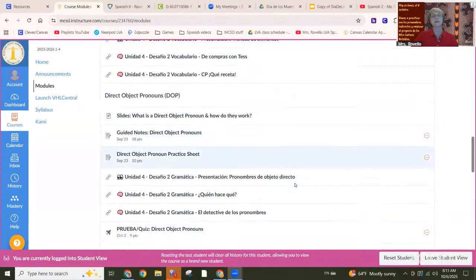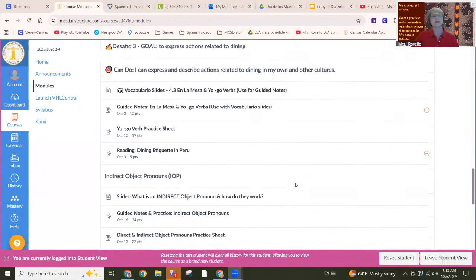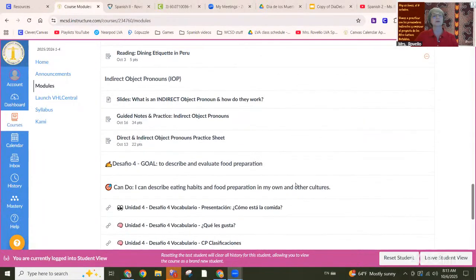Okay. Once you're there, try to see my Zoom screen as well. And we are in desafío número tres, right? We're in goal number 3, indirect object pronouns. And you should see a practice sheet, direct and indirect object pronouns practice sheet. I also want you to take note of the date. So you have a week.